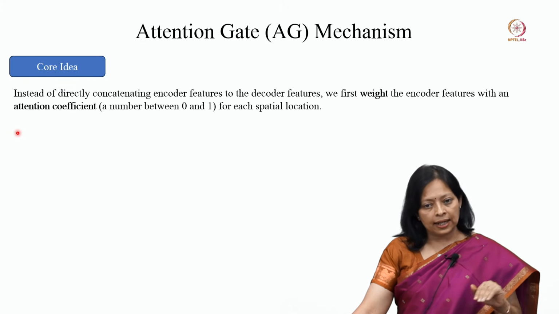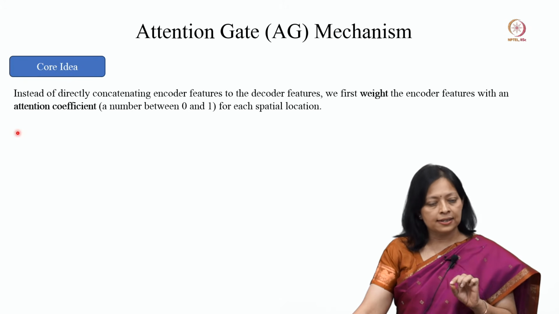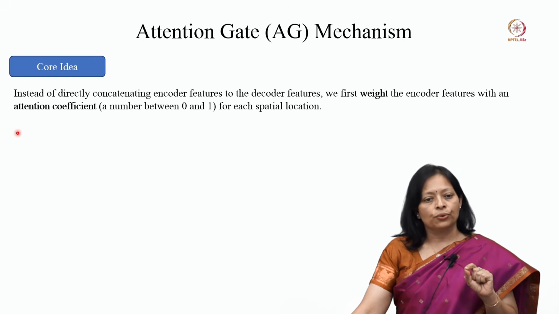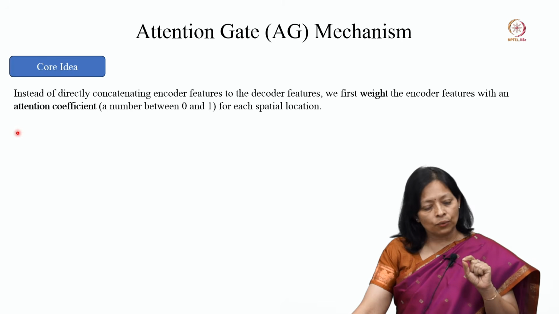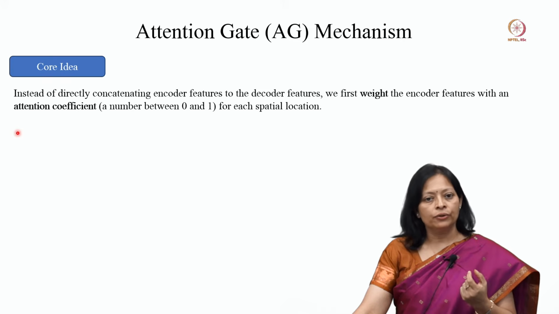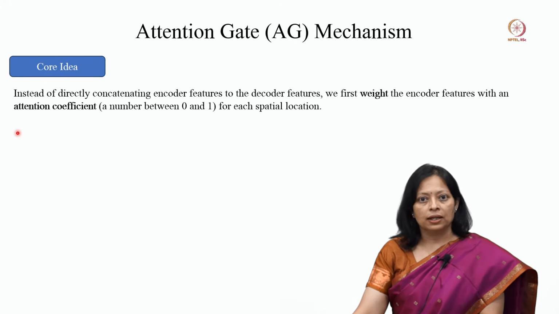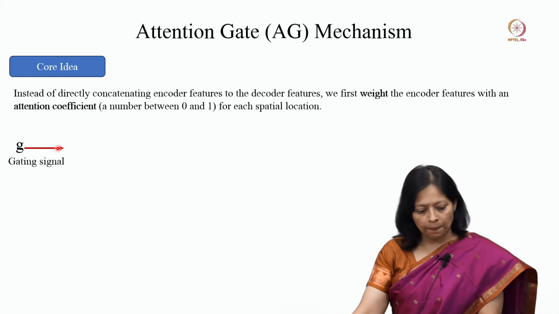So the entire image is broken into pixels, and each and every pixel will get an attention score. Now that attention score, when multiplied with the pixel value, whichever has a higher value will go towards the concatenation with the decoder block's layer.